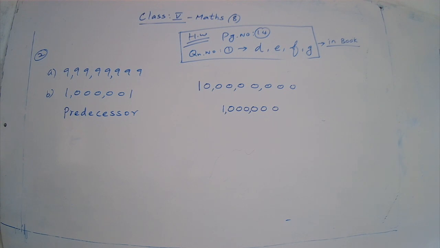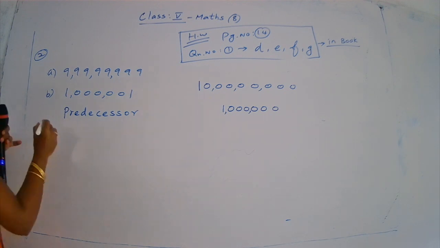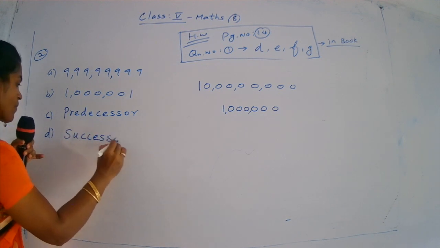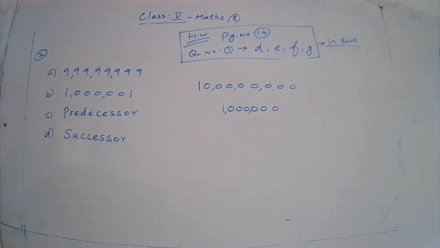Yes children? So your answer is successor. Successor. Okay? Write it in your book only. Now you come to E part.